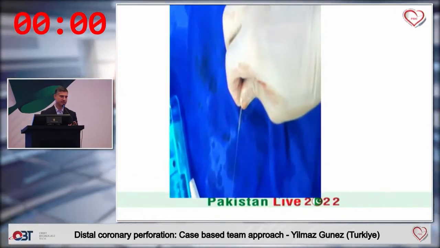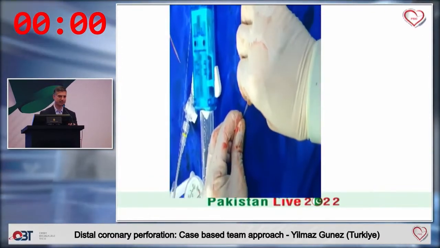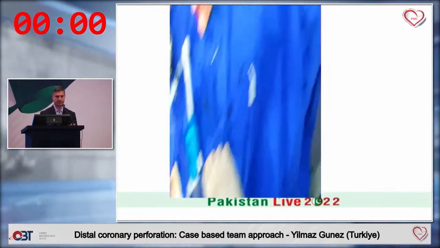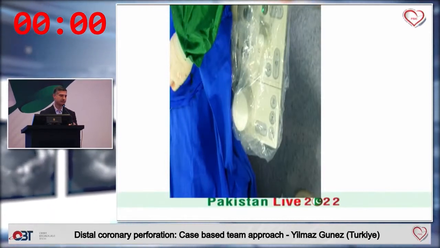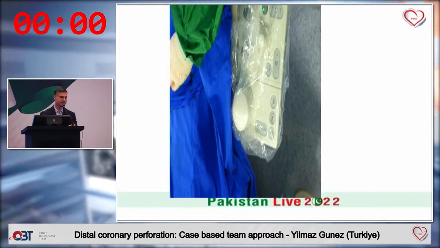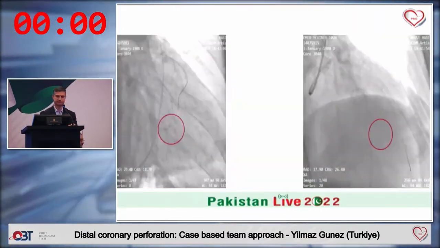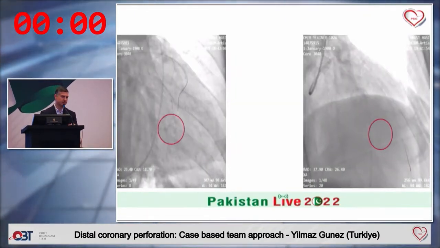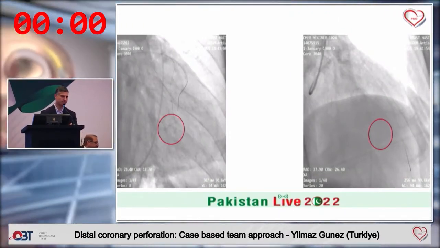When we reach the target site, we retrieve the wire a little back, and the distal cut part of the balloon drops, and it opens like a parachute or umbrella, and distal coronary perforation is managed with that. You see, before there is a distal perforation, and after the balloon embolization, there is no problem.